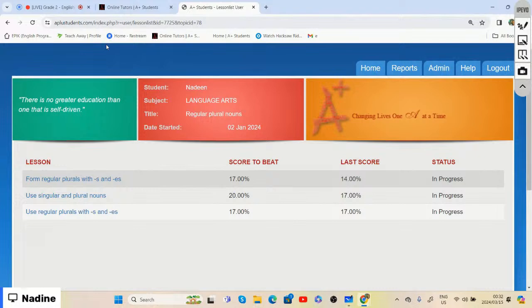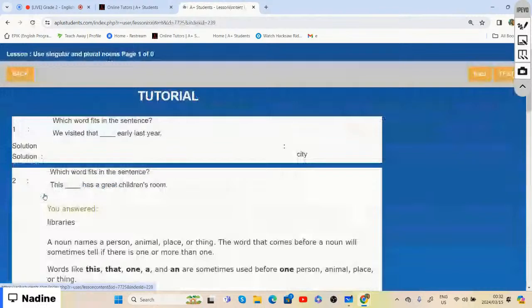Let's go to the next one, which is to use singular and plural nouns. In the previous one, we had to add an s to show that there is more than one.